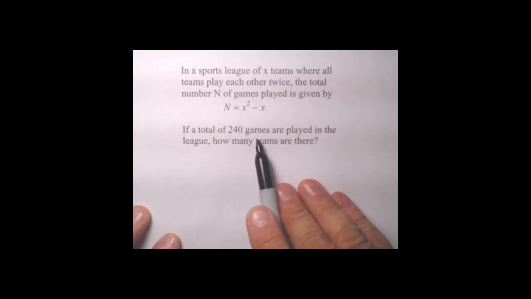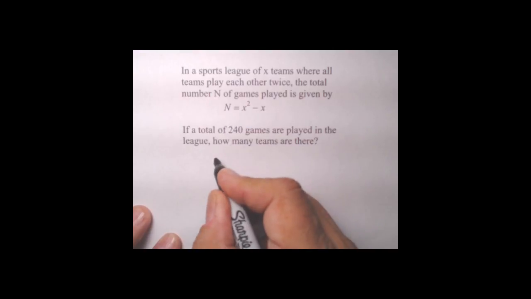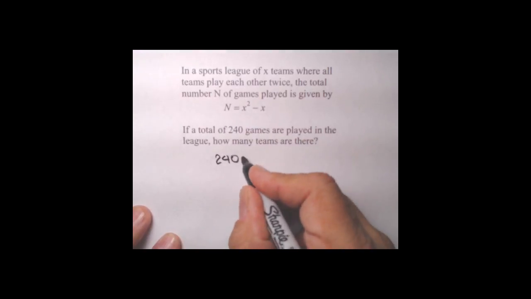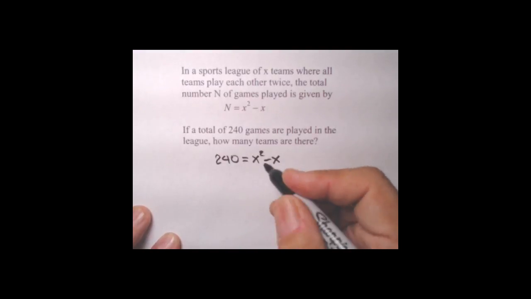Well, n is the total number of games, and they're saying, if a total of 240 games are played in the league, how many teams are there? Well, let's plug the 240 in for the n, and then we have x squared minus x.